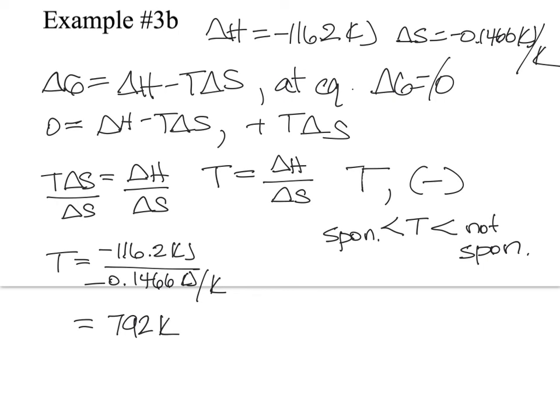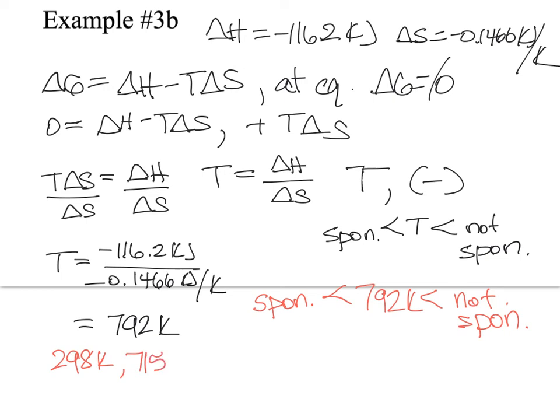All right, so what that means is this reaction is spontaneous below 792 Kelvin and not spontaneous above that temperature. So we were told 3 different temperatures when we first set up the problem: 298 Kelvin and 715 Kelvin will be spontaneous. 855 Kelvin will be not spontaneous.